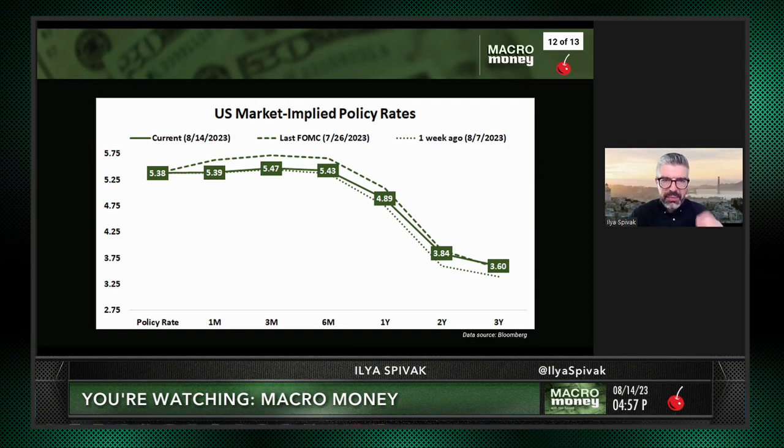So we can see here, there hasn't been a whole lot of change in the past week at the front part of the outlook going out to 6 months. From 6 months thereafter, there's been a meaningful steepening, and the steepening has been more pronounced the further out you go. So the current curve marks a meaningful upshift from the curve a week ago at the 2-year tenor, at the 3-year tenor, at the 1-year tenor, not before.